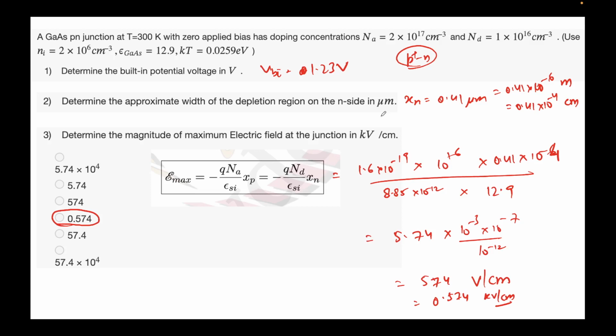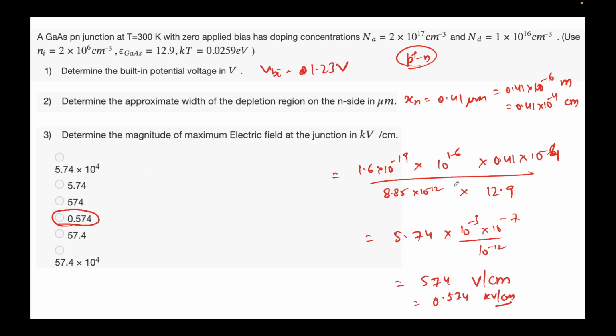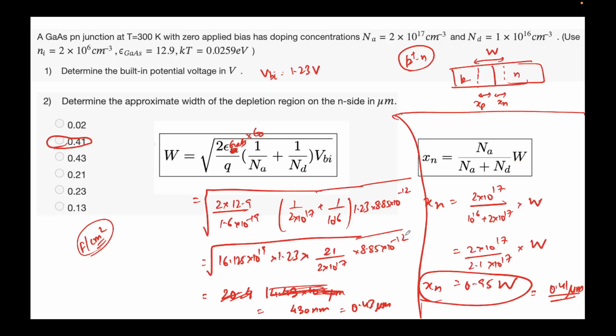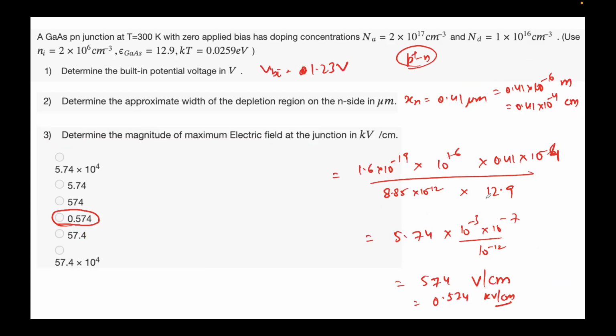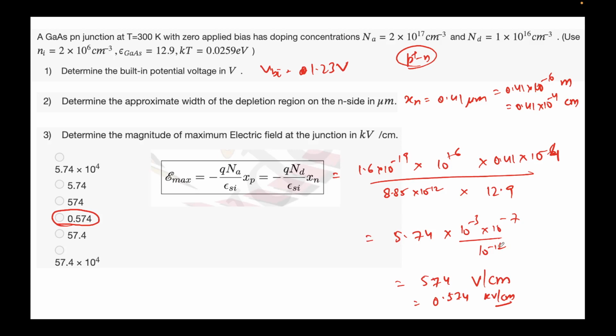Okay, I'm seeing epsilon naught values as 10 to the power minus 12. Someone told me it is farad per meter, so I think the last step should also change. Just as I told you, make sure that the values are correct.